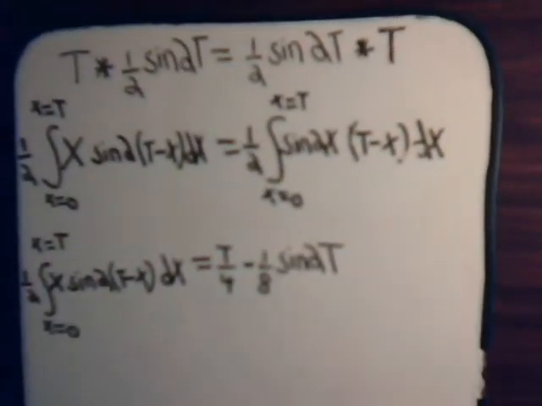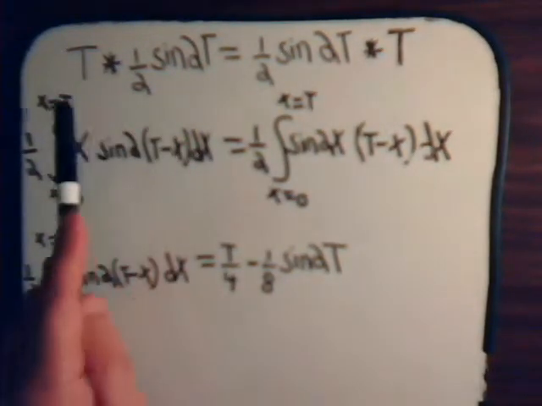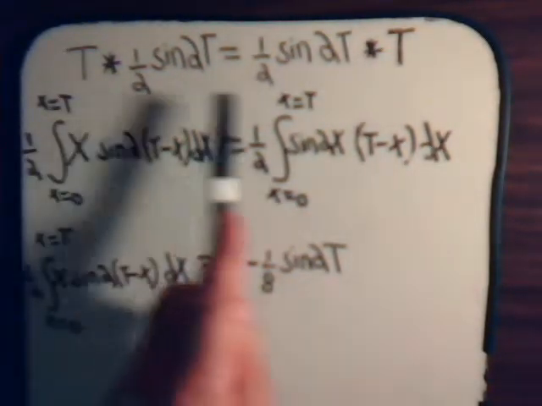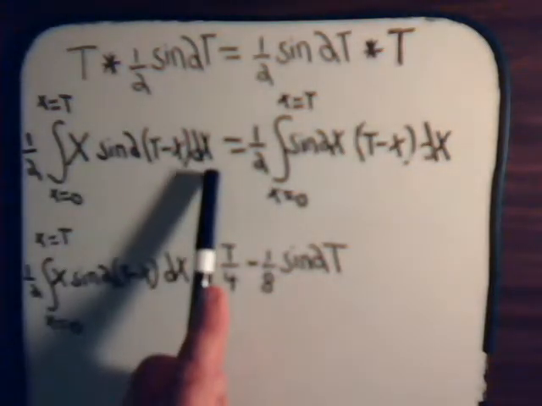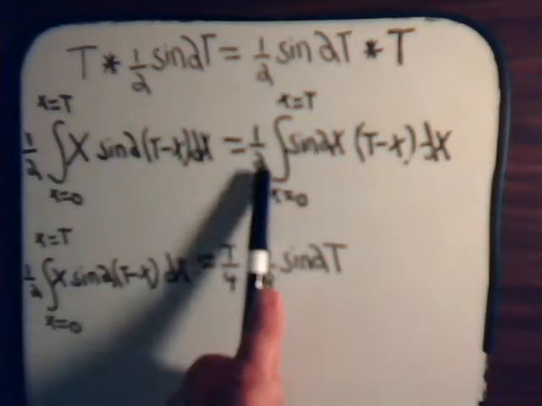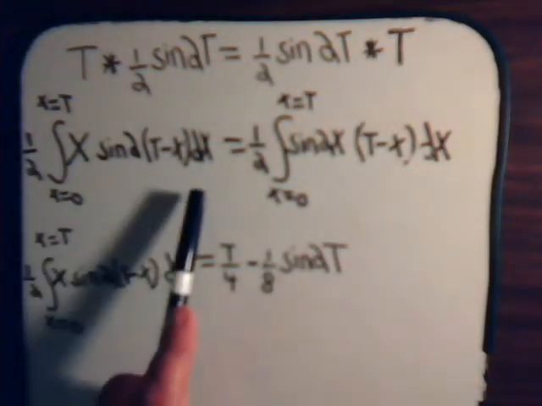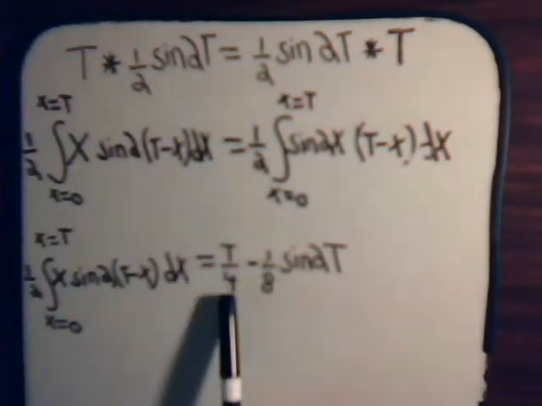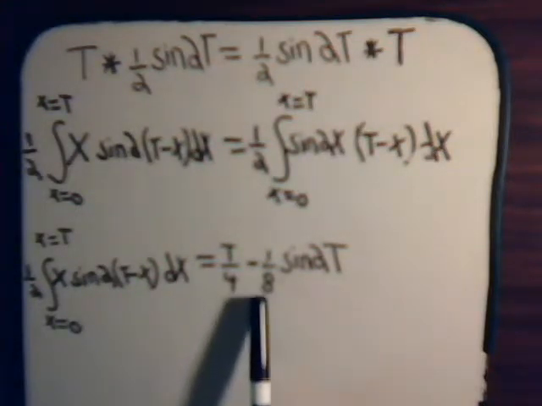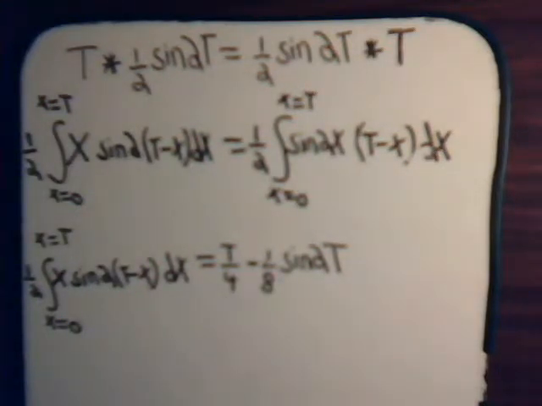And in part 1, in the previous video, these were the two convolutions with their order switched. Here's how they were written in integral form for each one. We evaluated this integral. It gave us the expression t over 4 minus 1/8 the sine of 2t.